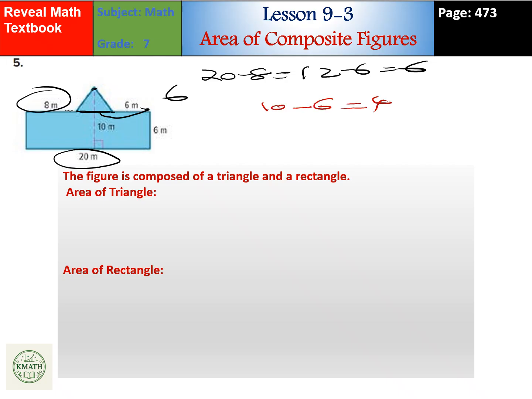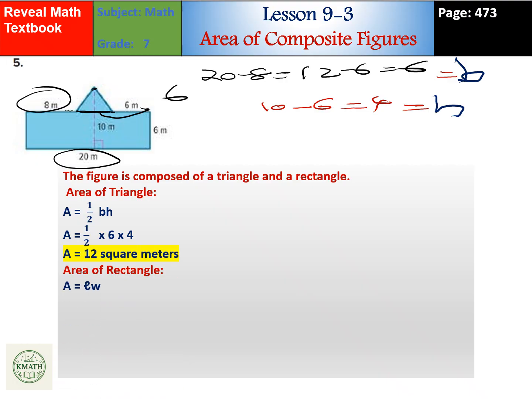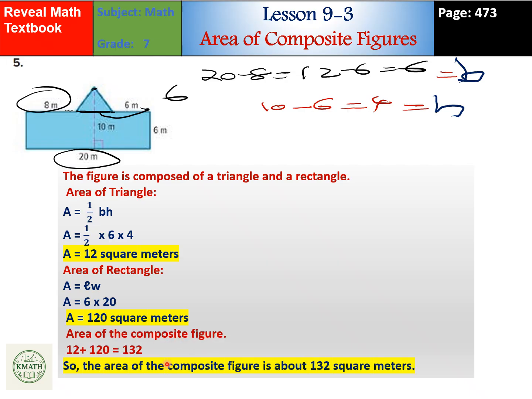So the base is 6 and the height is 4. Base times height divided by 2, 4 times 6, 24, divided by 2 is 12 square meters. For the rectangle we multiply the length and the width, that is 20 times 6, that is 120. 120 plus 12 will give you 132. So the area of the composite figure is about 132 square meters.